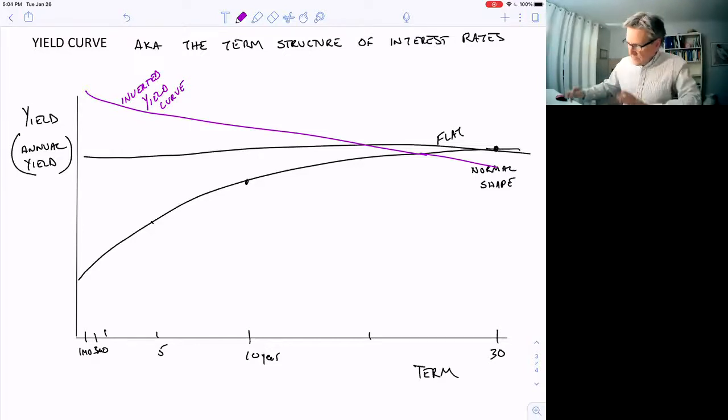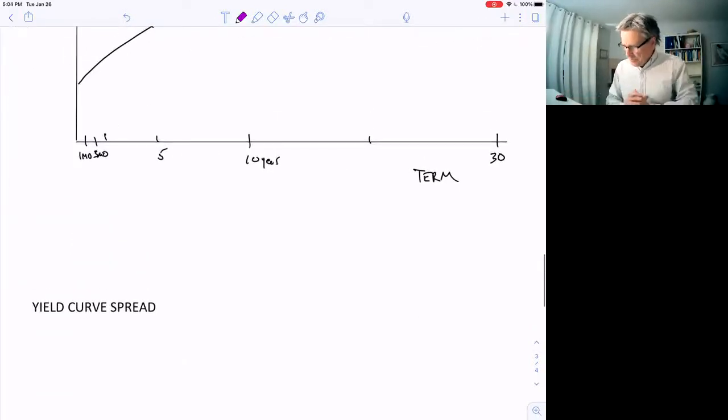So we use this information by calculating what the yield curve spread is. It's a measure of the steepness of the yield curve.